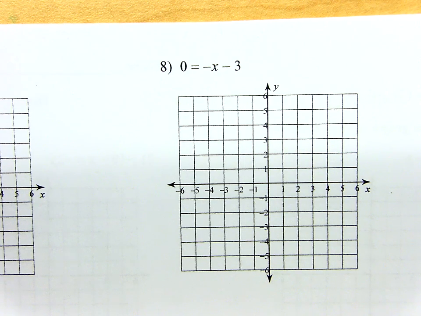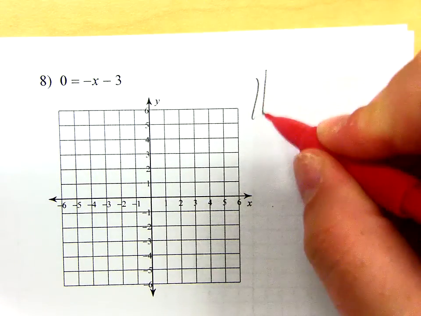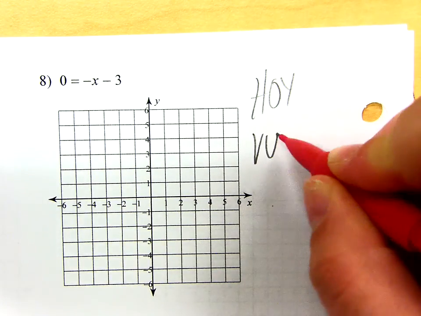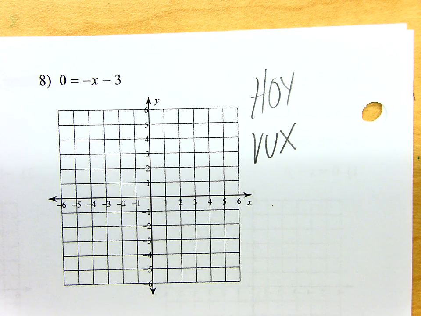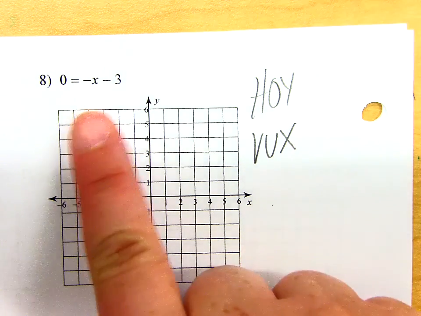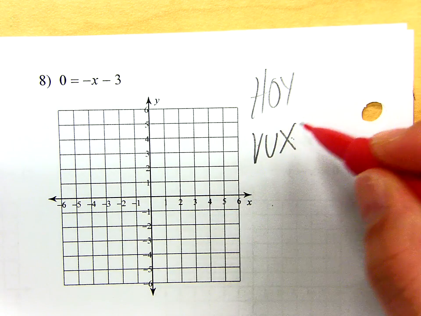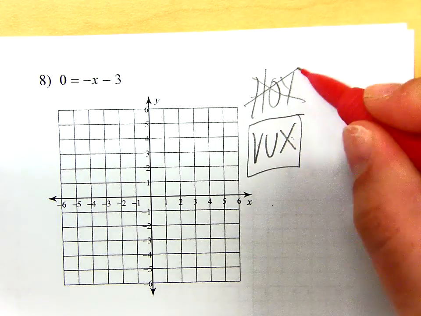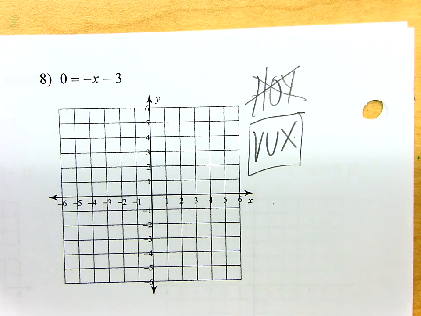So yes, this will be either horizontal or vertical, and I can just refer to Hoy Vux to tell me which one it will be. Will this be horizontal or will it be vertical? Vertical. Does everybody see where that came from? Because all you have is x's, and if I have an x, I'm going to have a vertical line. Now all I have to do is get x by itself. How would you do that?